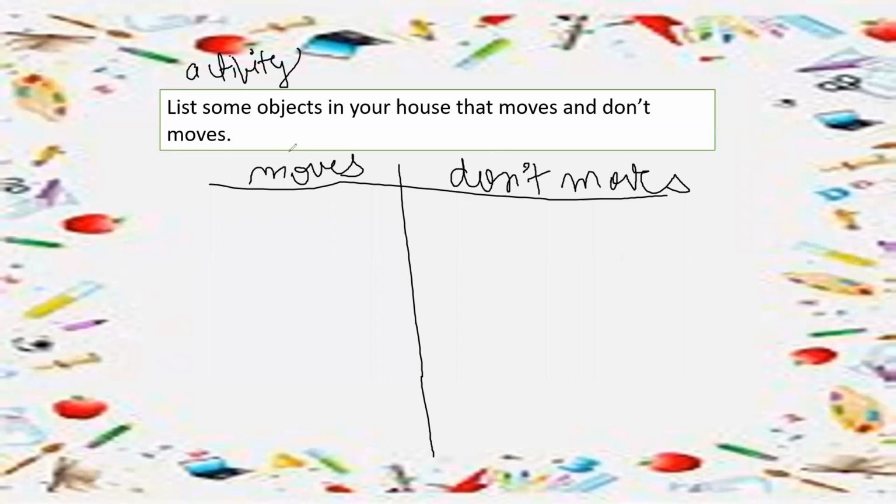Let's consider bed. Not bed, sorry. Bed doesn't move, so bed will come here. And what moves? A family. Family members move.